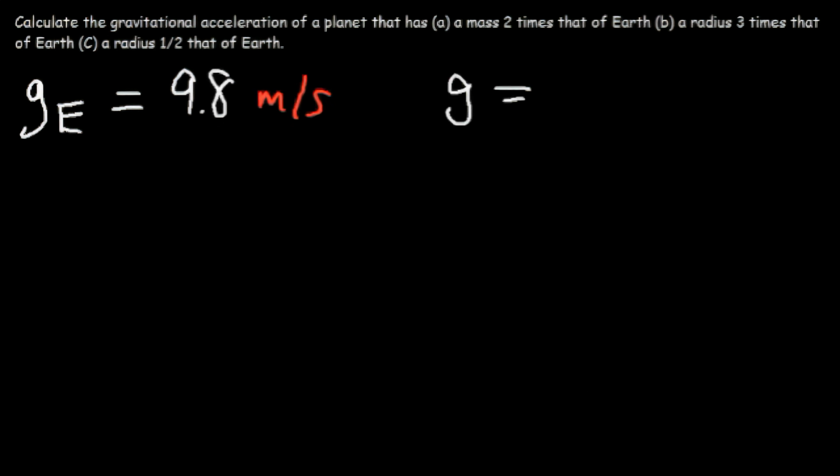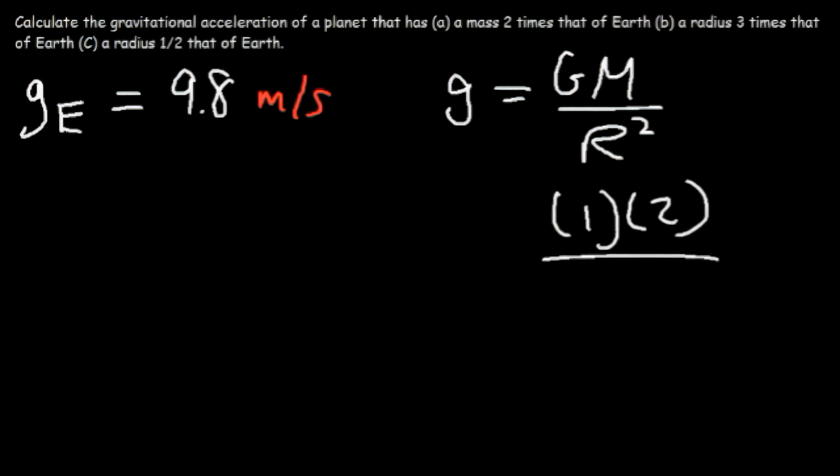Calculate the gravitational acceleration of a planet that has a mass 2 times that of Earth. So the gravitational acceleration of the Earth, we know it's 9.8. And the equation for gravitational acceleration is the gravitational constant times the mass of the planet divided by r squared. So if we double the mass, what's the effect on the gravitational acceleration?